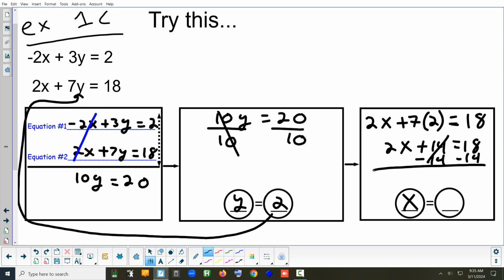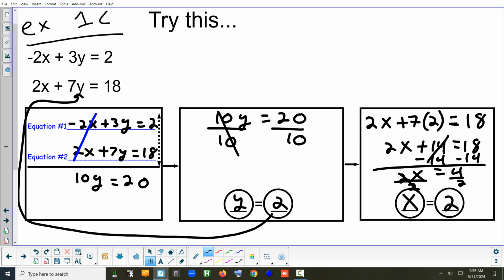That's gone. So now we have 2x. What's 18 minus 14? 4. And my last step to get x by itself? Divide by 2 on both sides. Perfect. And 4 divided by 2 gives me 2. And there's both your answers.